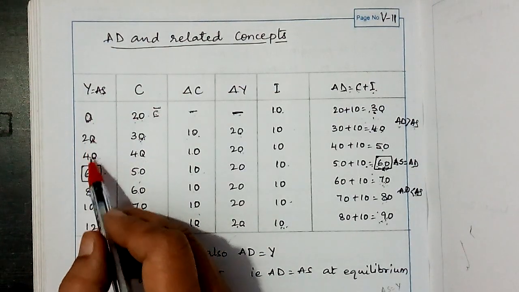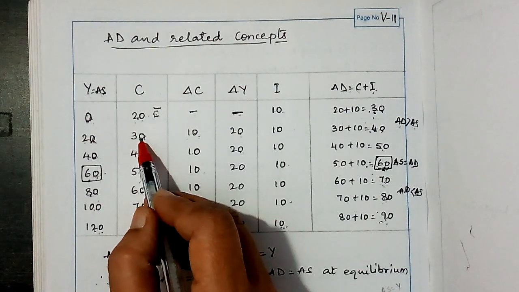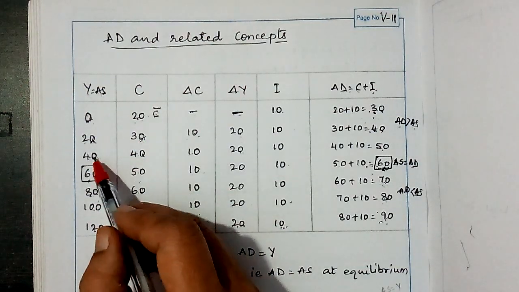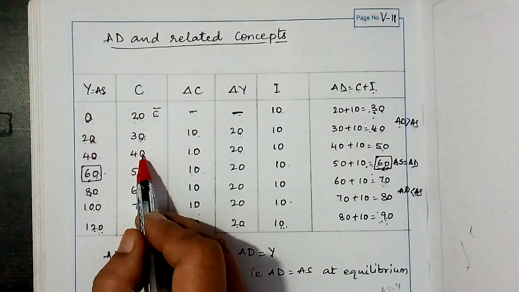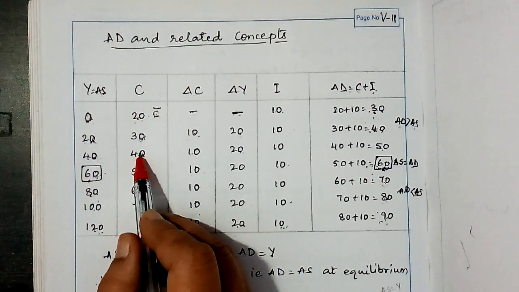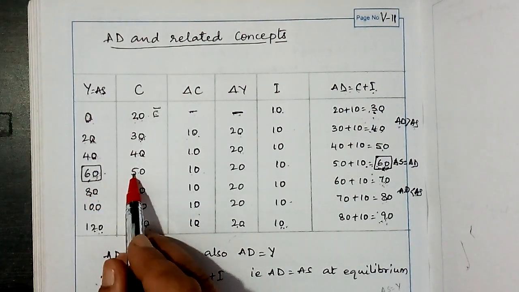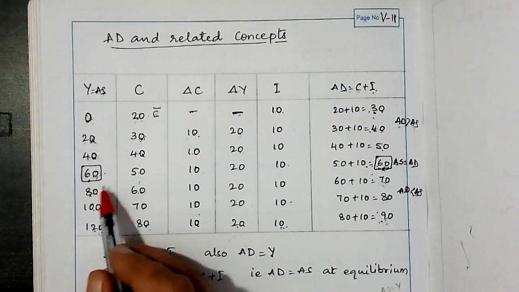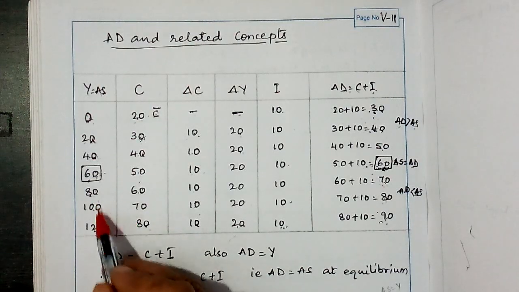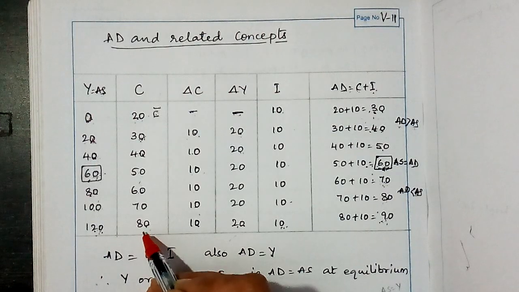Then when the income increases to 20, consumption also increases to 30. Now as income increases to 40, consumption increases to 40. So at this level, all the income is being consumed. When the income increases to 60, consumption increases to 50, and so on and so forth. So as the income increases, we see there is a change in consumption also. It increases.